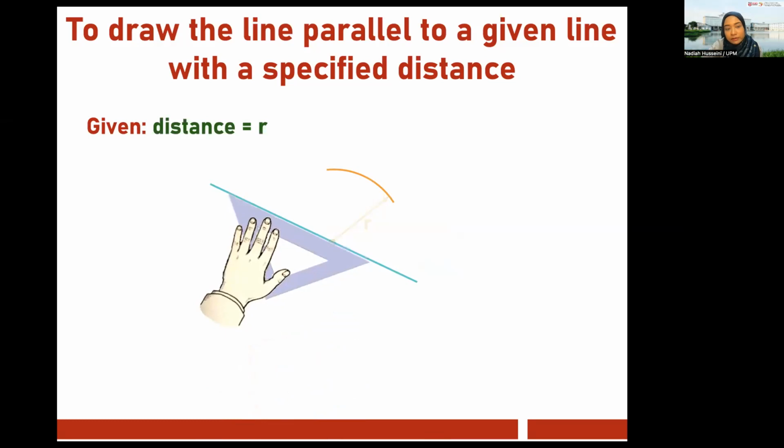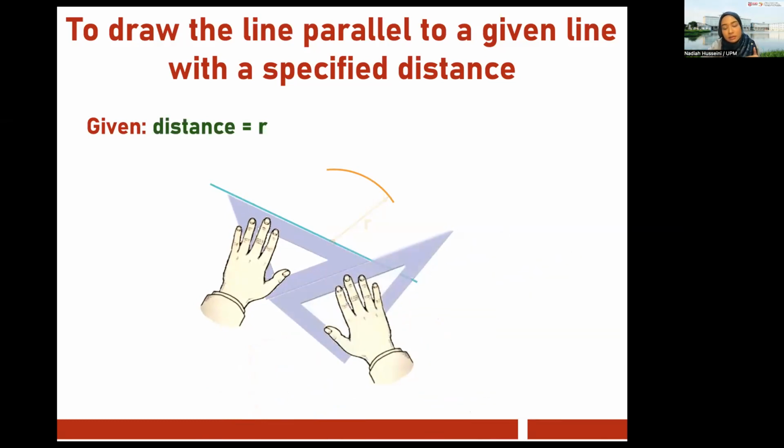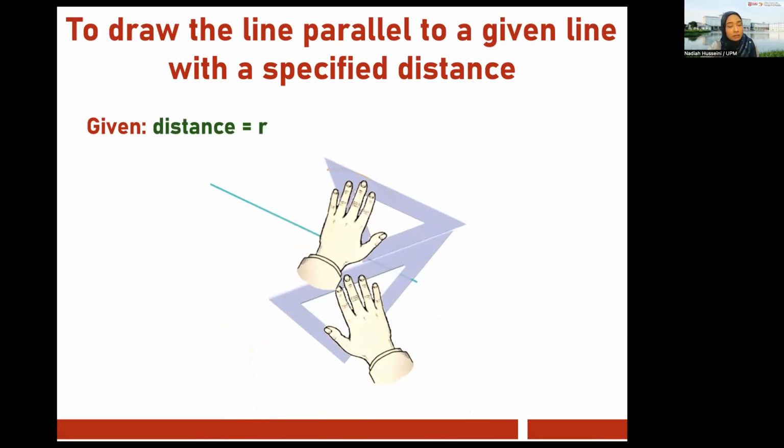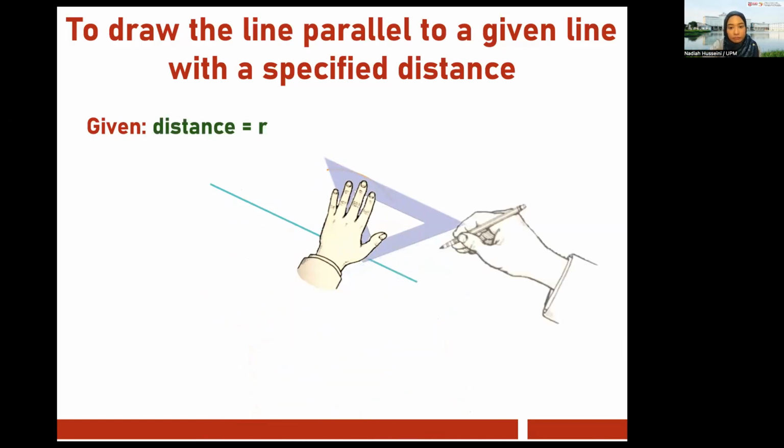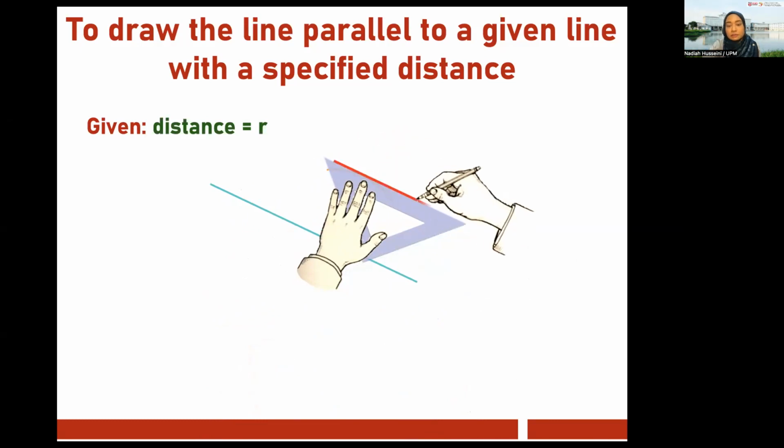Then again, take the 45 degrees triangle, put in your 60-30 triangle and slide it until it reaches the arc, anywhere, as long as it reaches the arc. That's your line, at distance R from the initial line.